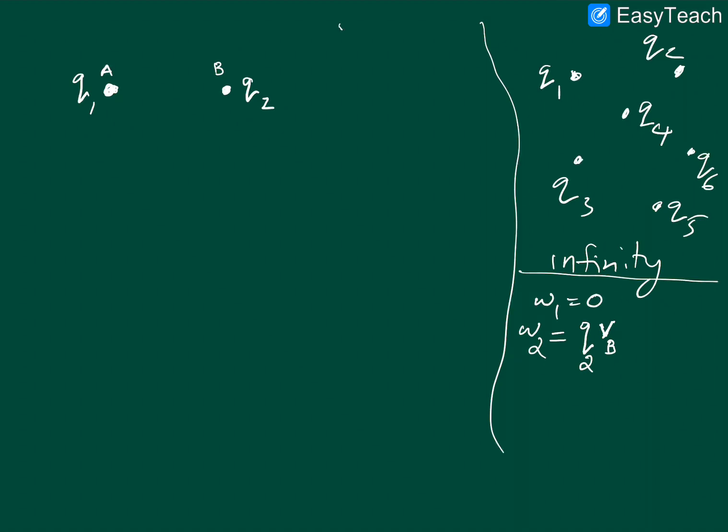Now you can find VB. What is VB? VB is equal to 1 by 4 pi epsilon 0. It is a point charge. Who is producing VB? Potential at B is produced by charge Q1. Q1 is a point charge.